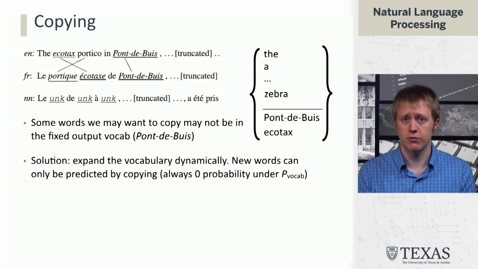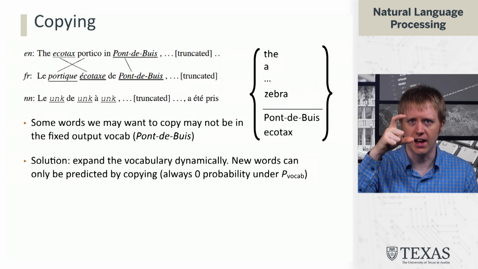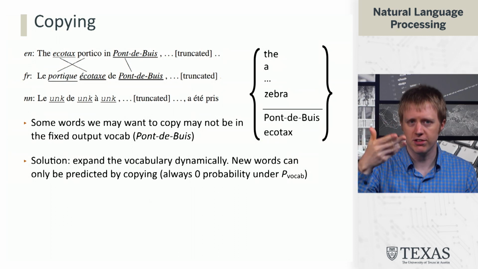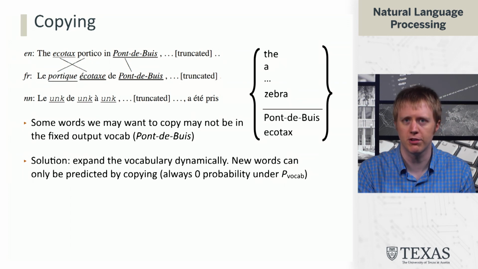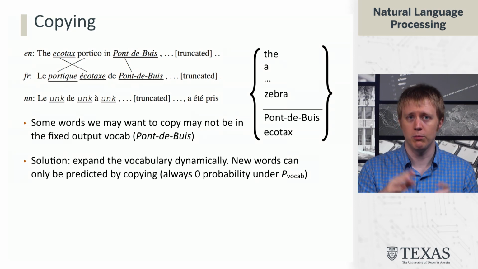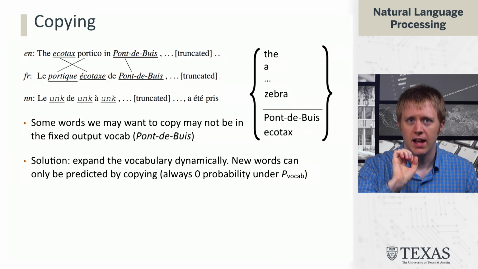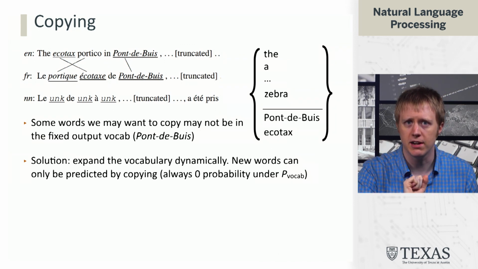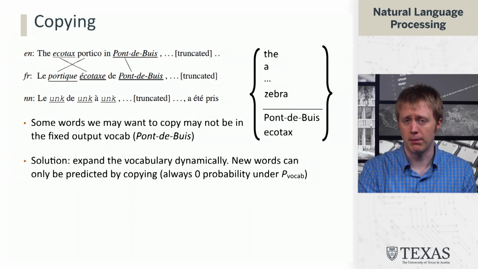The vocabulary generation can still only place a distribution over the things on top, because you have this matrix of parameters W that specifies parameters for predicting each possible output word. But the copy mechanism, which looks at the input, can now say, okay, I really want to copy word 5. And if word 5 is Pont de Buis, then it's going to be able to assign that some probability, and we're actually going to be able to predict it.